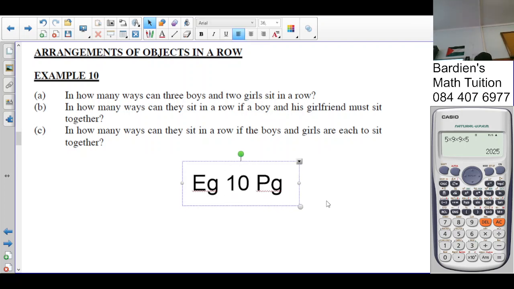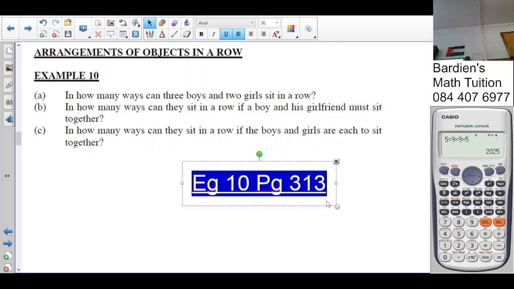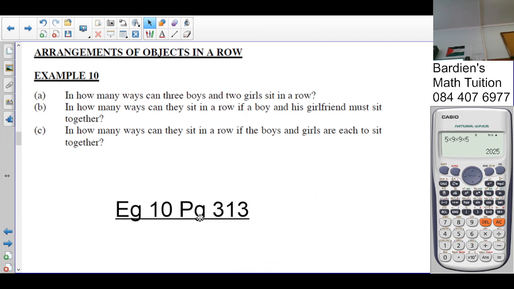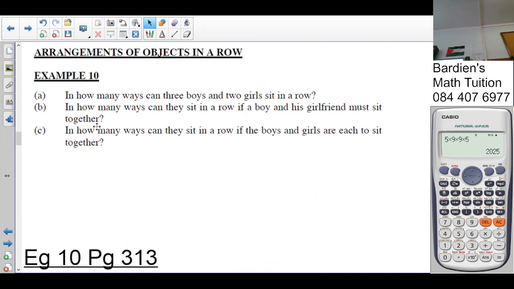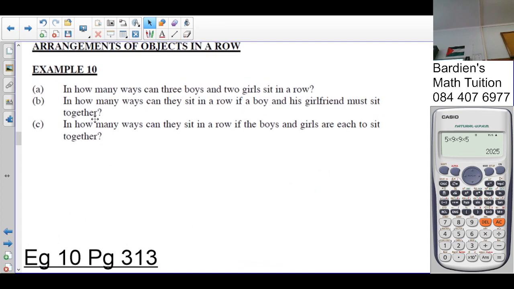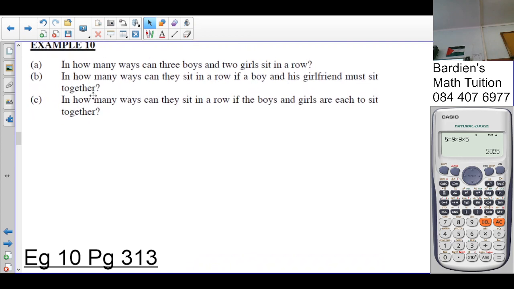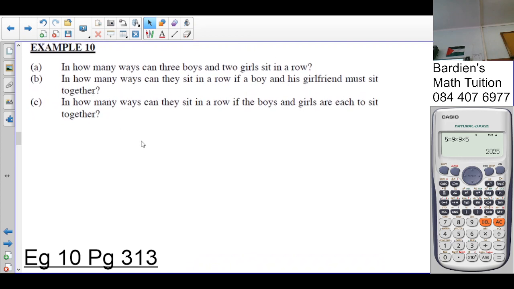So now we're looking at example 10. Example 10 is on page 313. Here we are told arrangement of objects in a row. In how many ways can 3 girls and 2 boys sit in a row?